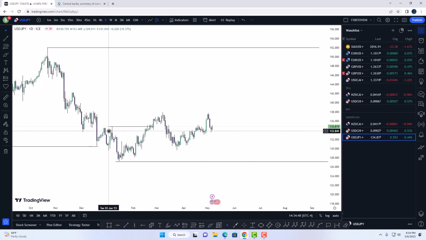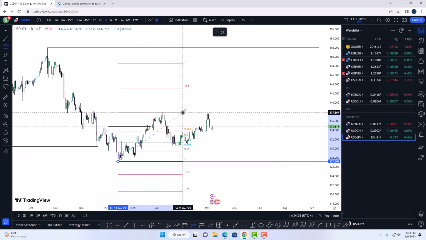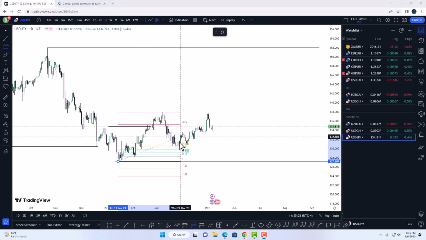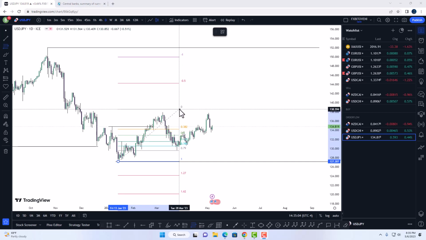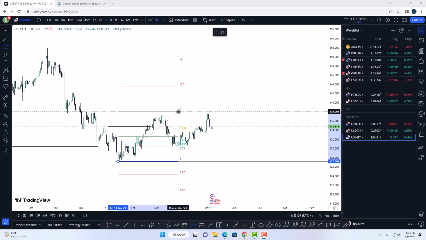We've got a breakout structure, then the market is trading back in this area in a discount zone, below 50% of your range, trading on your optimal trade entry right here.